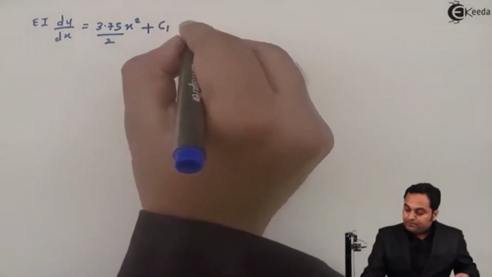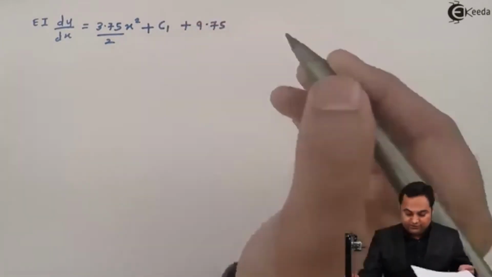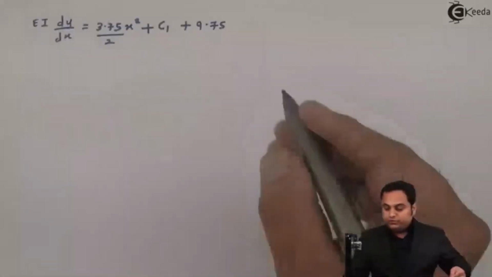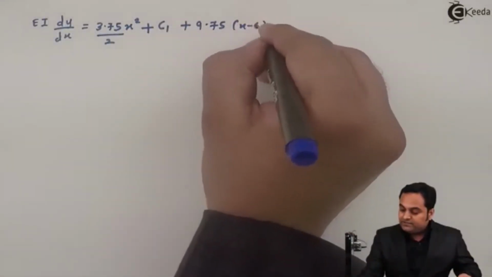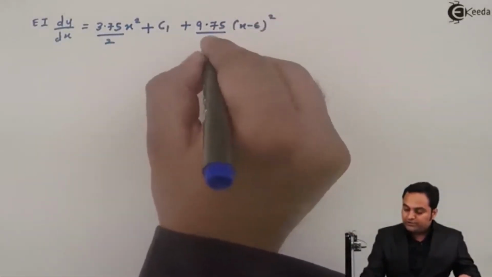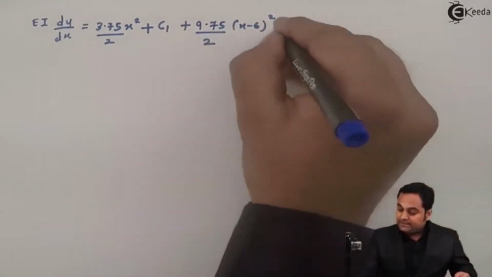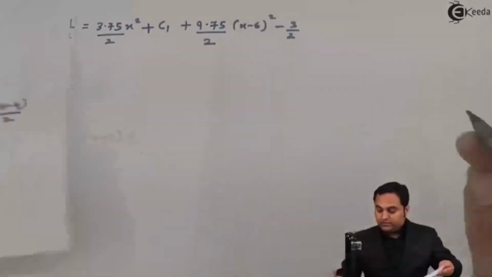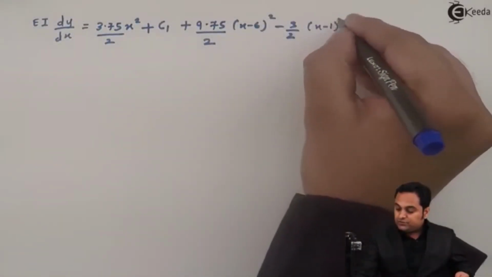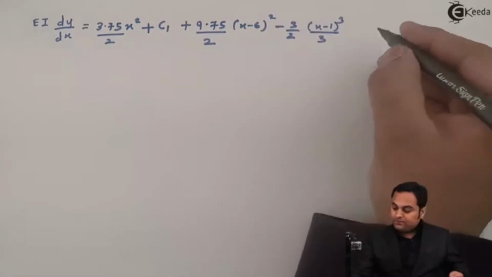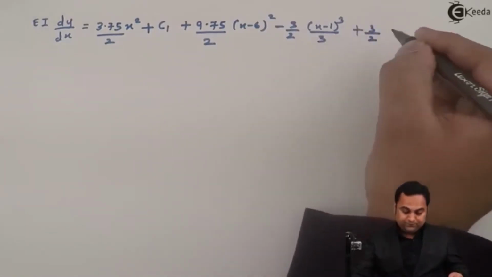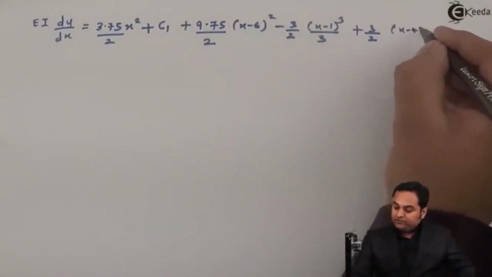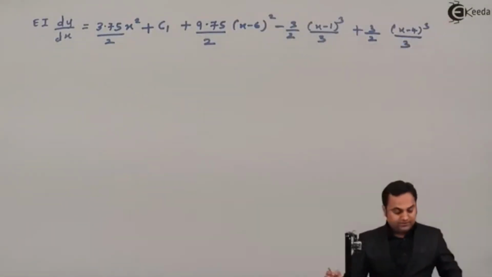Next, plus 9.75 into x minus 6, so integration will be x minus 6 whole square divided by 2, then minus 3 by 2, here we have x minus 1 whole square, so that becomes x minus 1 whole cube divided by 3, plus 3 by 2, x minus 4 whole square, x minus 4 whole cube divided by 3.